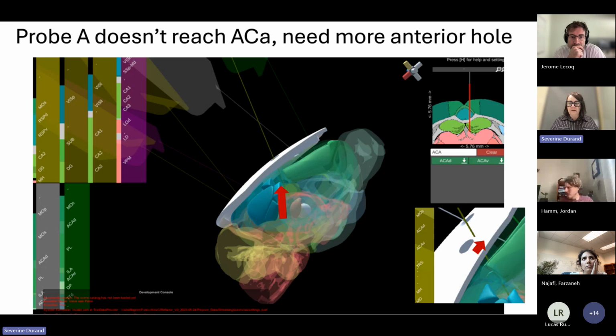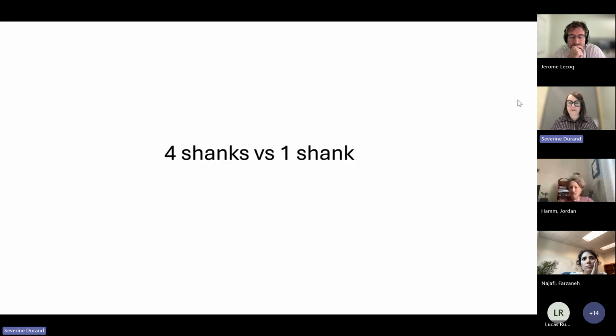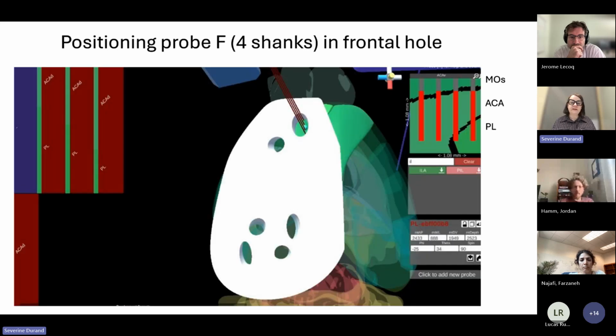And then what else? Oh yeah, we wanted to leverage some of the tools that we have here. There are different probes that we can use. There are the one-shank probes that I showed you before, and there are also probes that have 4 shanks.